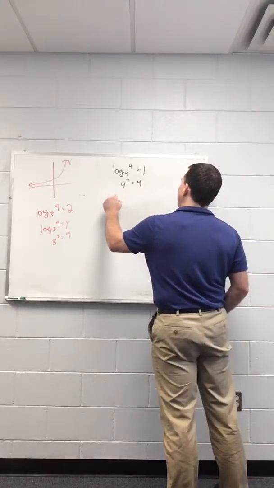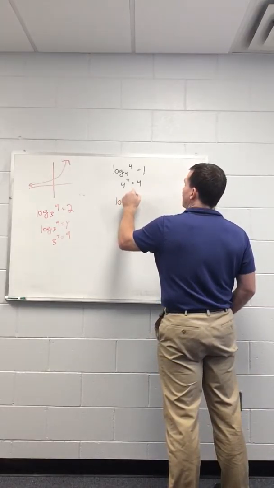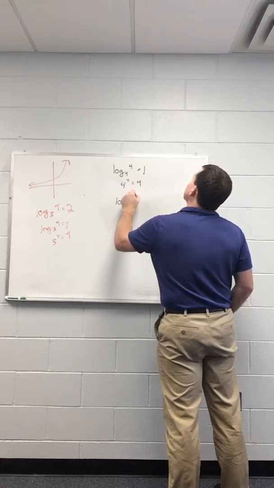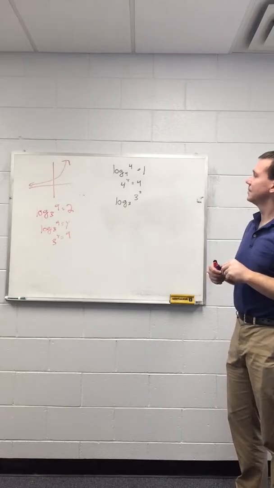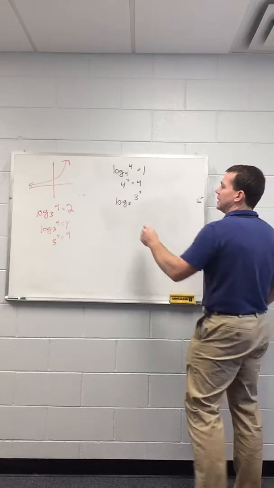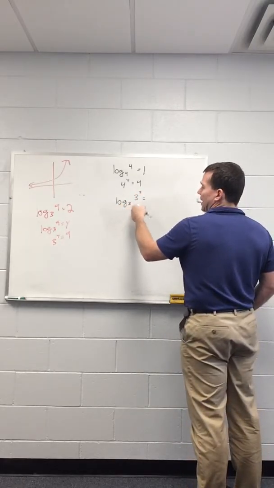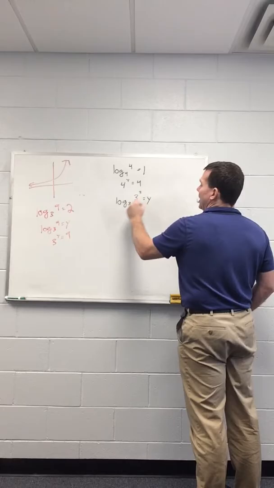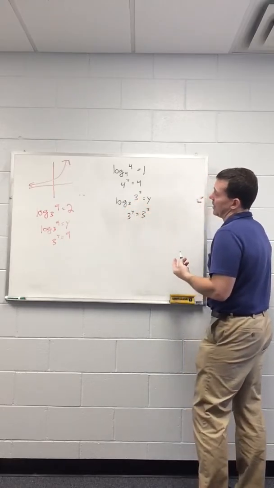How about if I have log base 3 of 3 cubed? Well, what would that be? If I use my definition, log base 3 of 3 cubed equals y means 3 to the y equals 3 cubed.